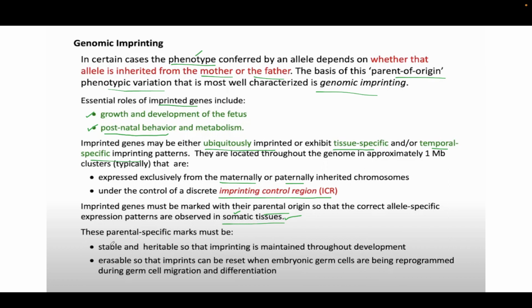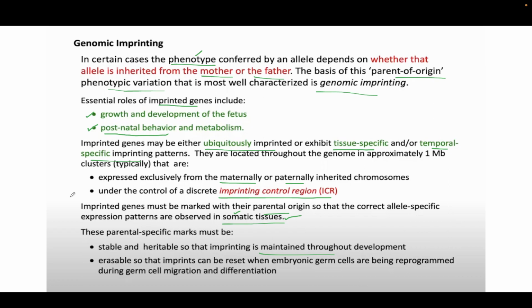Got it? These parental specific marks must be stable, heritable, so that imprinting is maintained throughout the development. And this shRNA, that is small heterochromatic RNA, helps in regulating or maintaining the imprinting process throughout the development of the particular organism, and it is essential.